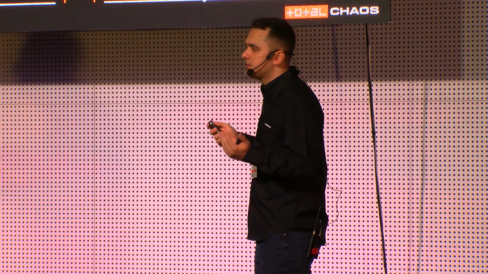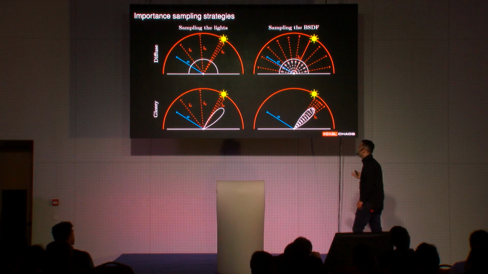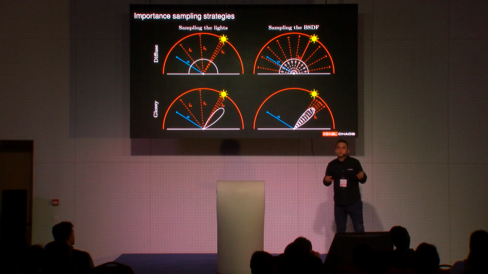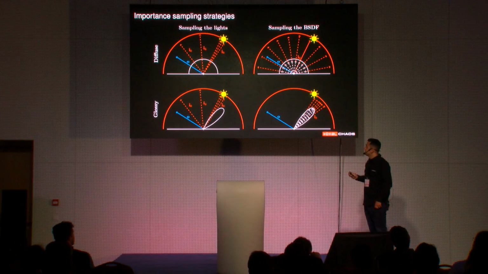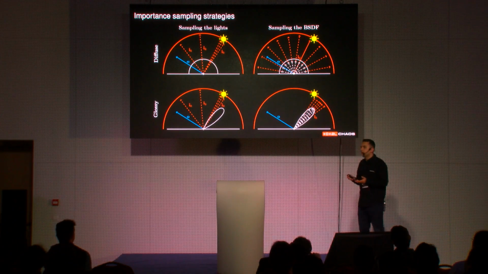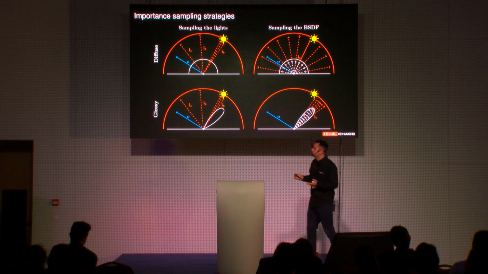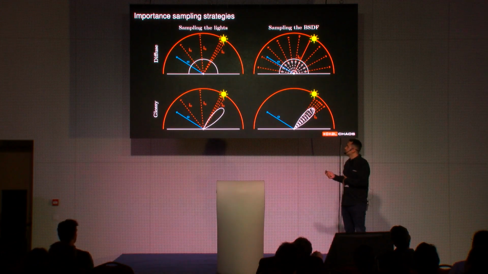So that's why we have these two general strategies, the light sampling and the BSDF sampling, and we need a way to combine these sampling strategies in a good way. We cannot just blend between them because they will introduce a lot of variance.